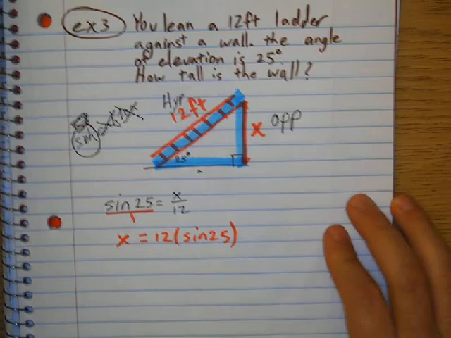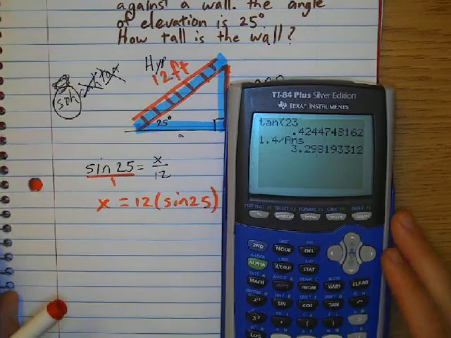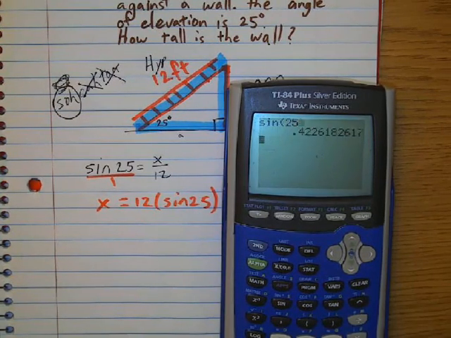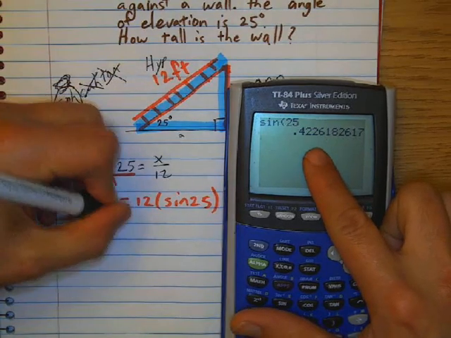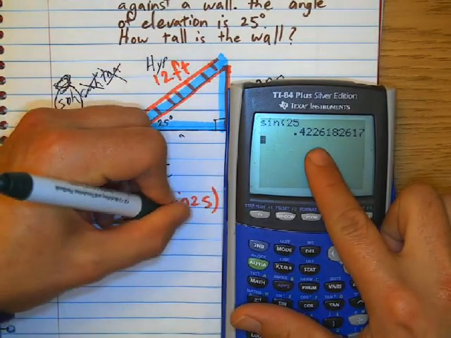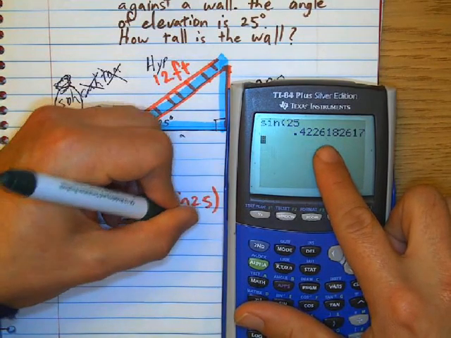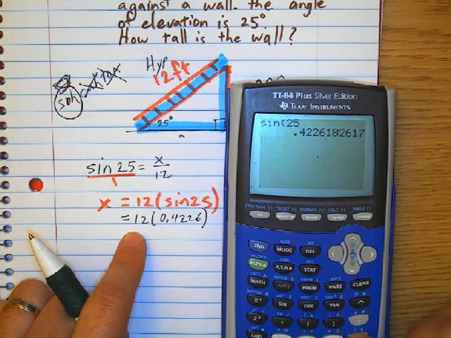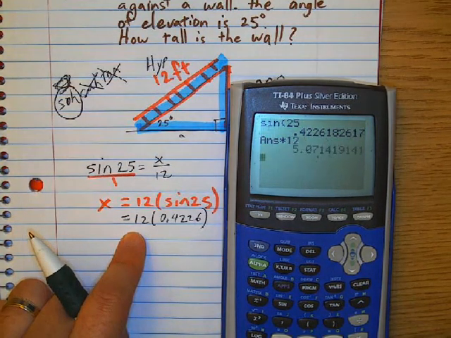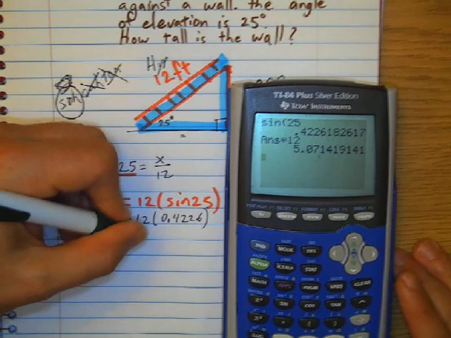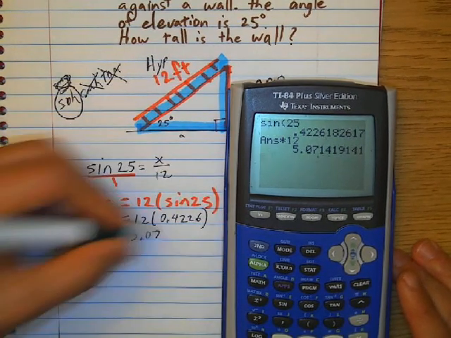So I'm going to take my calculator, sine of 25, I get this decimal, 0.4226, and I'm going to multiply that times 12, and then I get x equals 5.07 feet.